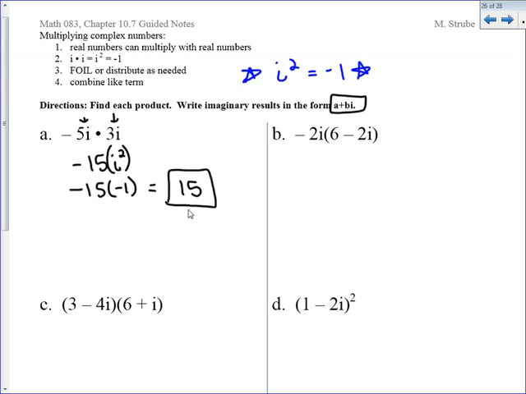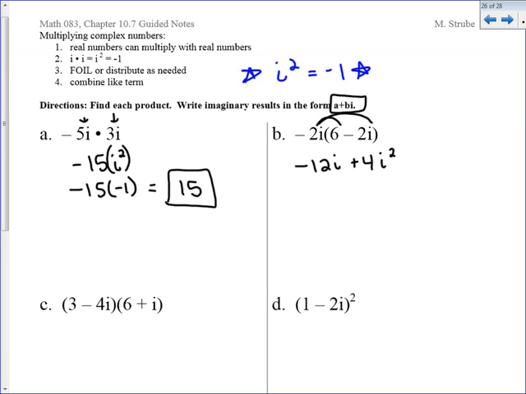What do you think I'm going to have to do in B? Distribute. I'm going to have to distribute that negative 2i. So negative 2i times positive 6 is negative 12i. And then negative 2i times negative 2i, positive 4i squared. Since they both had i, make sure you get i squared there.